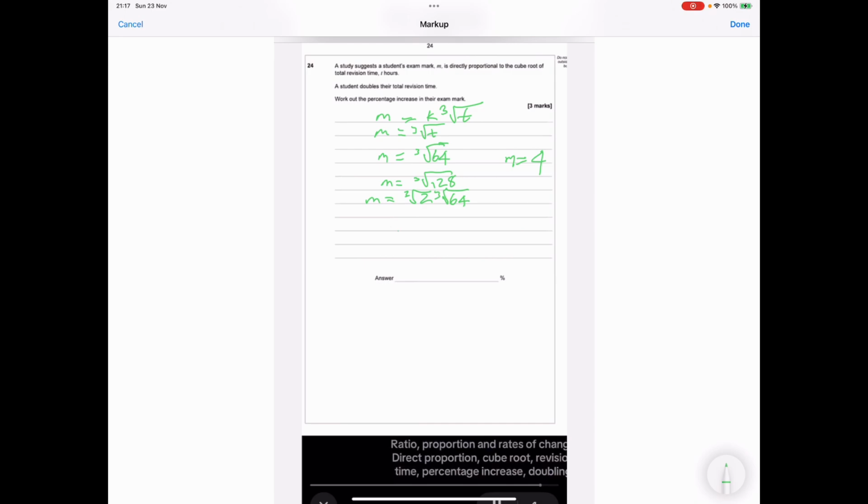So that would mean that if they doubled their total revision time, the percentage increase in their mark would be the cube root of 2, which is shift cube root of 2 equals, and then times 100.